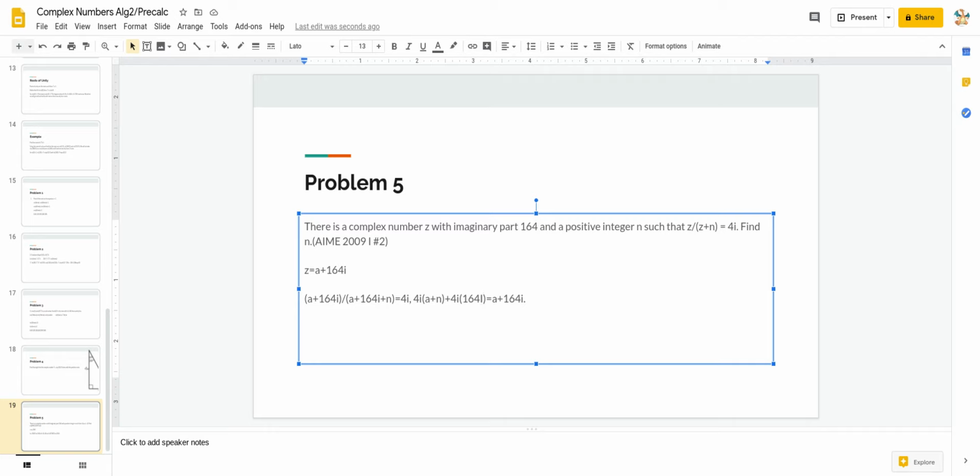And then 4i times 164i: since i squared is equal to negative 1, it's going to be equal to 4 times 164 times negative 1, which is negative 656. This makes sense, right? Okay.